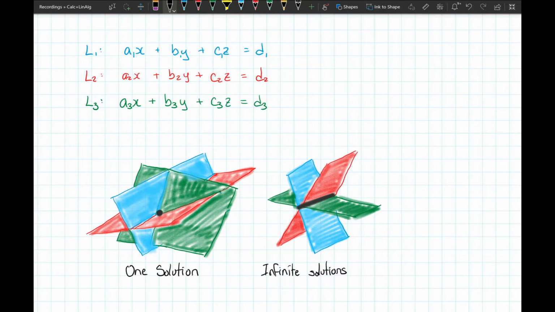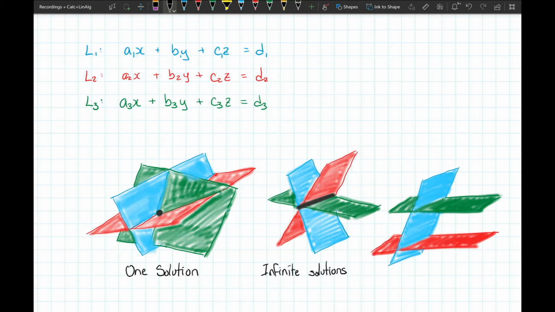Now, what might be actually the most easy to visualize is to try to imagine having 3 sheets of paper, 3 different planes here that don't intersect all in the same spot. They may intersect each other, but they don't all intersect in the exact same spot. And see if you can try to imagine that. Okay, and here I've got one more example where the blue and green intersect each other.